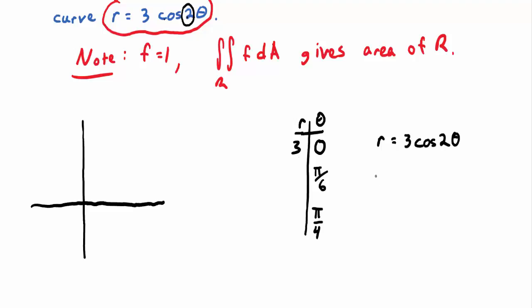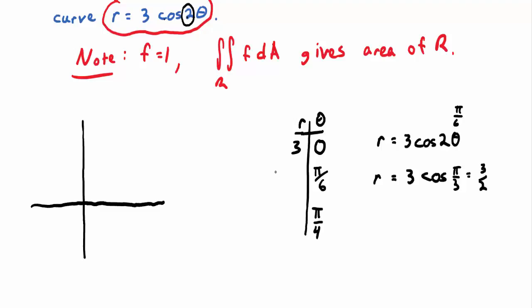If I plug in pi over 6, what do I end up taking the cosine of? 2 times pi over 6 is pi over 3. Oh, and the cosine of pi over 3 is what? A half. That's why I plugged in pi over 6. I knew I'd get a nice number. So I get 3 times a half, which is 3 halves.